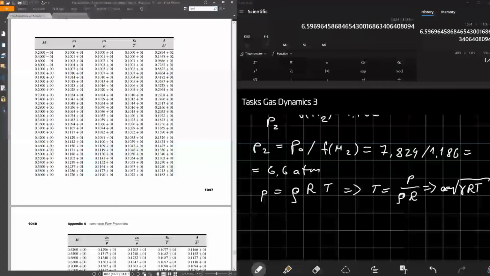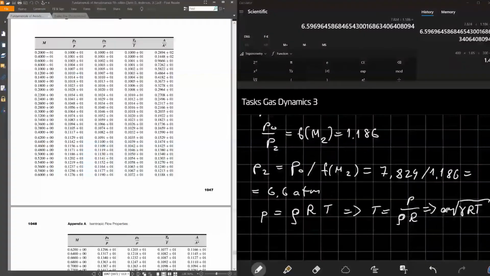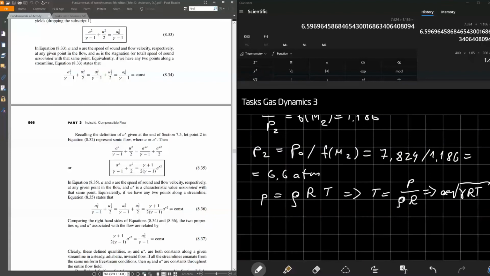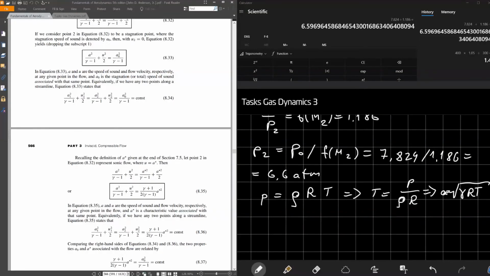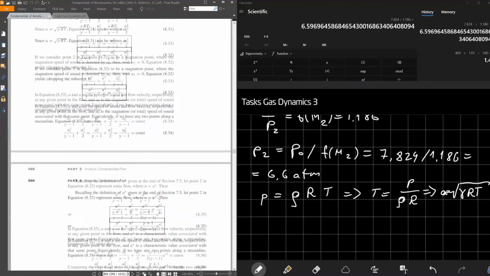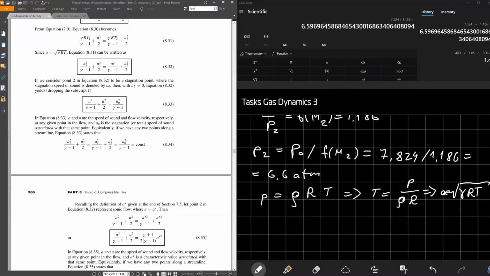What else? Let's see, which was page 567. We did not calculate, for example, the characteristic properties yet. Let's do the calculation of characteristic properties. You can do it using equation, for example, 8.35.